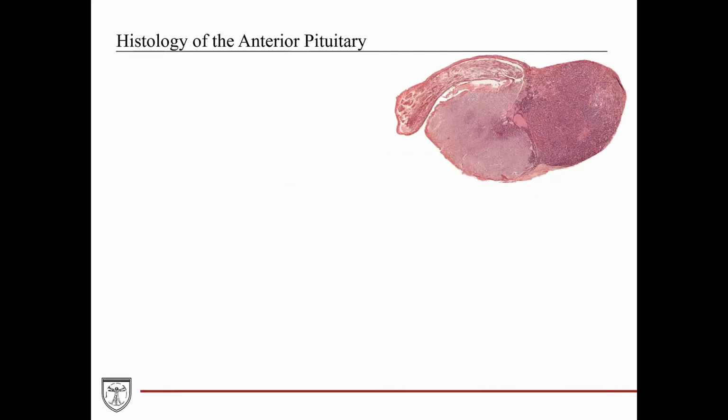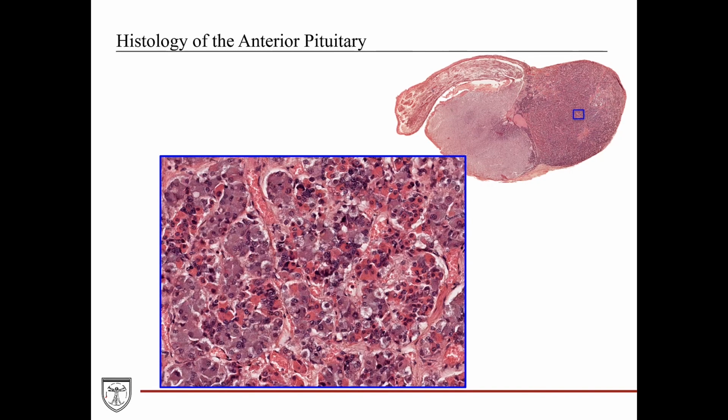Focusing our attention on the anterior pituitary histology, at a higher magnification, the glandular nature of this organ becomes a little more apparent in that it is quite cell-rich with a variety of cells that are forming aggregates of cords or plates or nests of cells that are surrounded by a rich network of fenestrated capillaries.